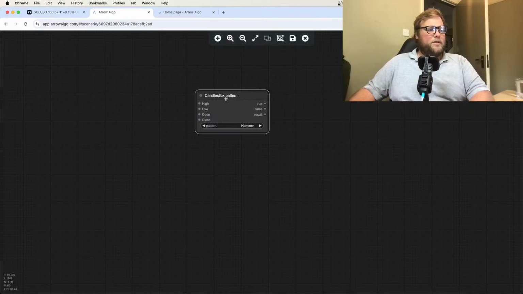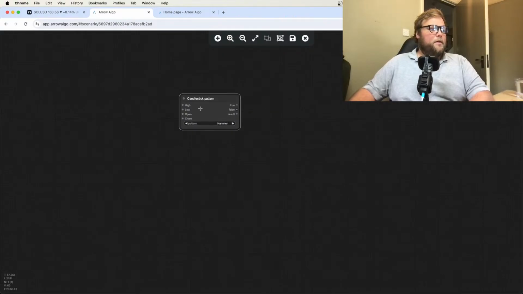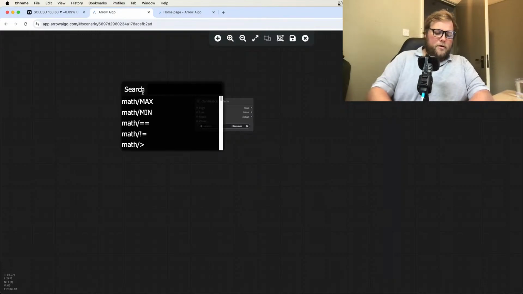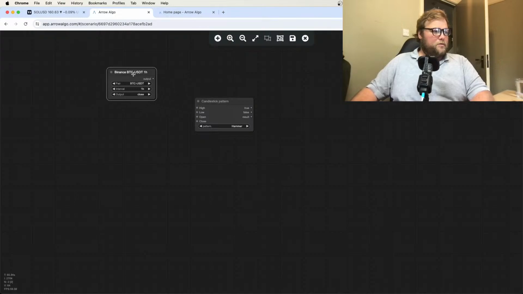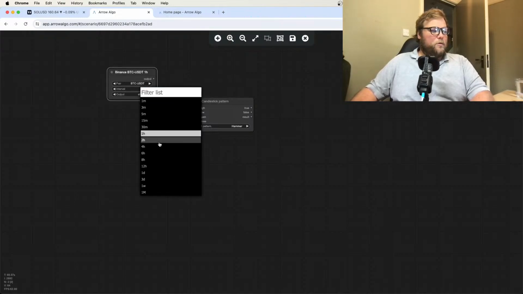One of the indicators that they have built in tracks candlestick patterns, so you don't need to look for these manually. It can pick up patterns based on the open, high, low, close prices. And we're looking at a 4-hour chart, aren't we? So let's start off with Binance, but we can do any exchange. And we're going to set this to 4 hours.